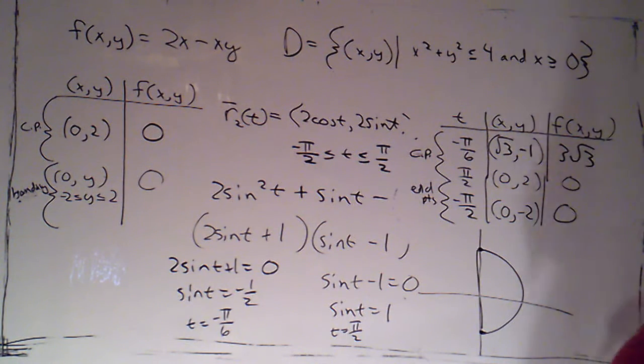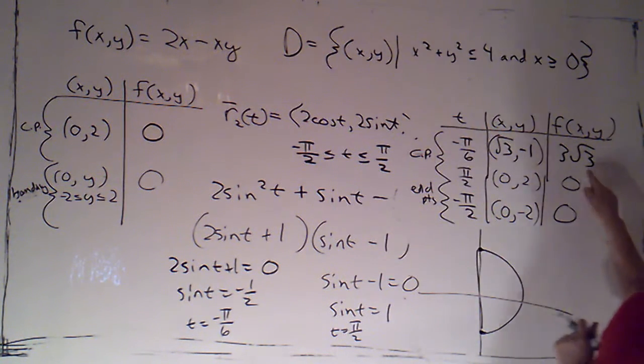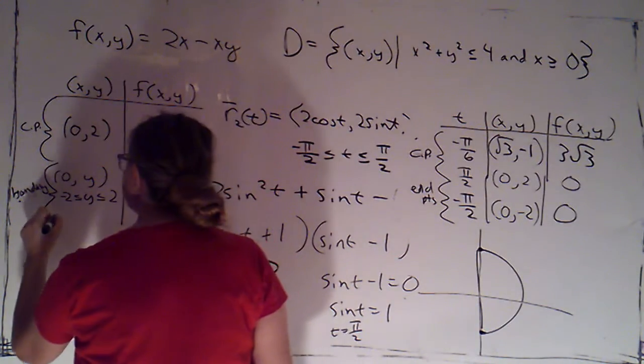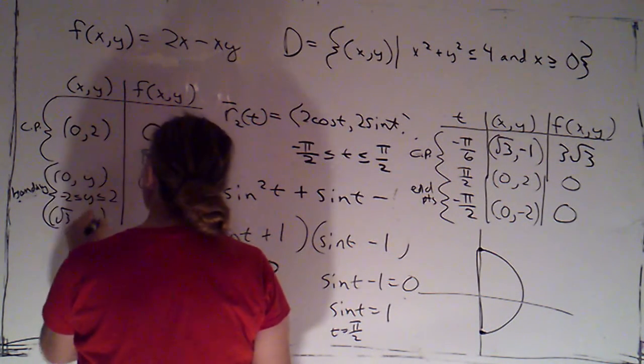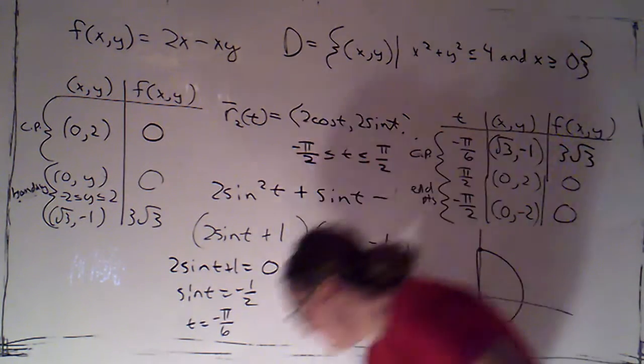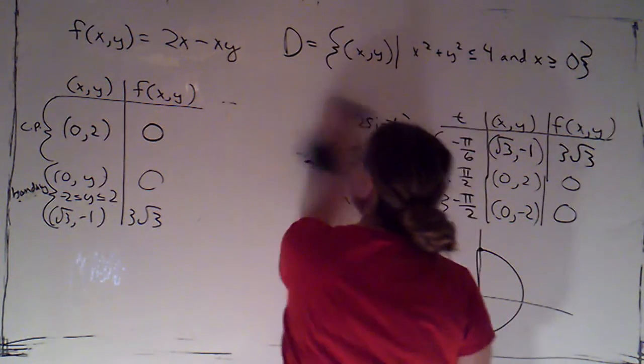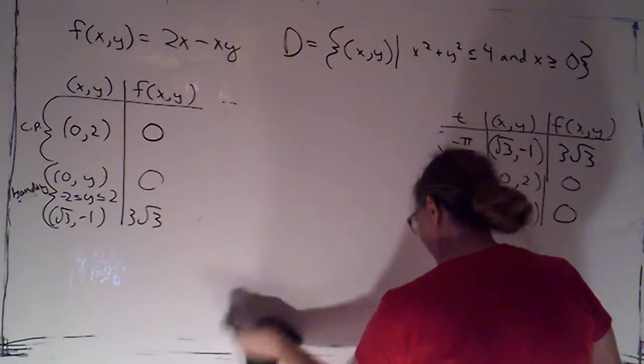That's just going to be 3 root 3. These 2 points were already on the master table. I'm going to just add this additional point, root 3 negative 1, with 3 root 3, to my master table. And now I can see I've only got 2 z values to choose from here.